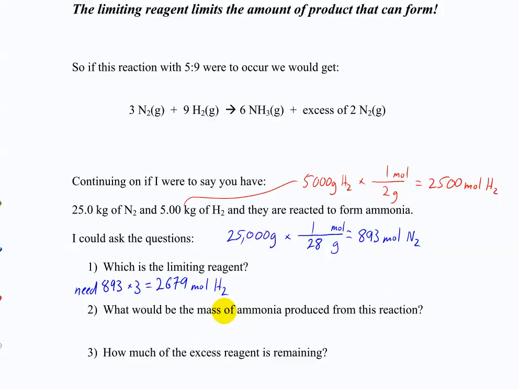So we need that many moles of hydrogen to fully react 893 moles of nitrogen. We don't have that. We only have 2,500. So that means that H2 is limiting. Okay. So now you go back to the equation here.